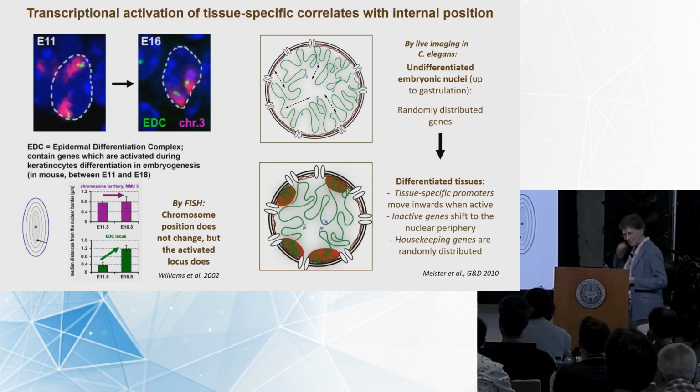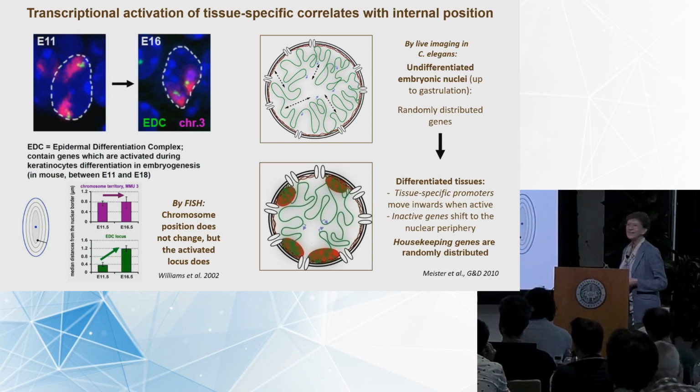So this was, for me, extremely clean data in C. elegans, because we could look in vivo in a real organism differentiating. The only thing that was maybe a surprise was that housekeeping genes just didn't care.